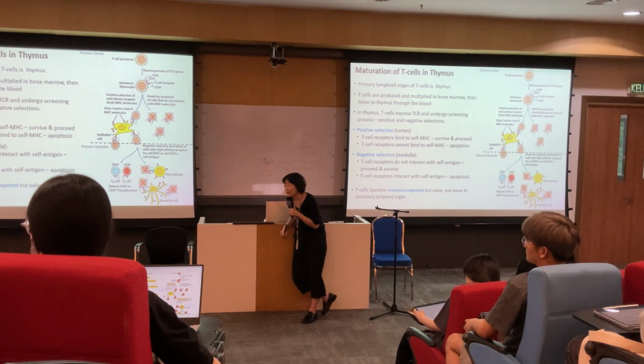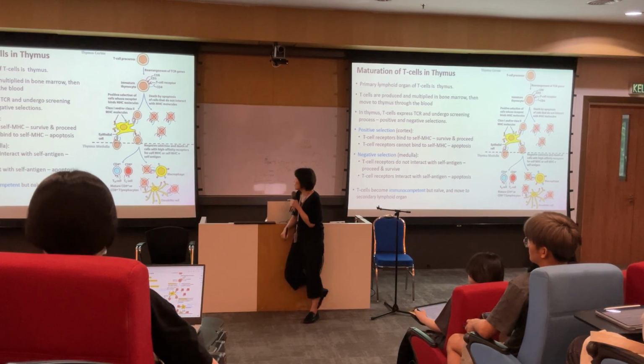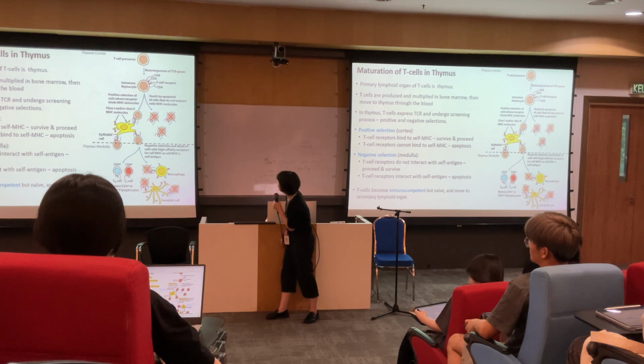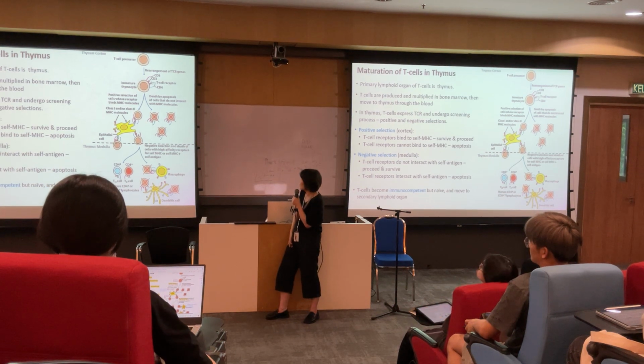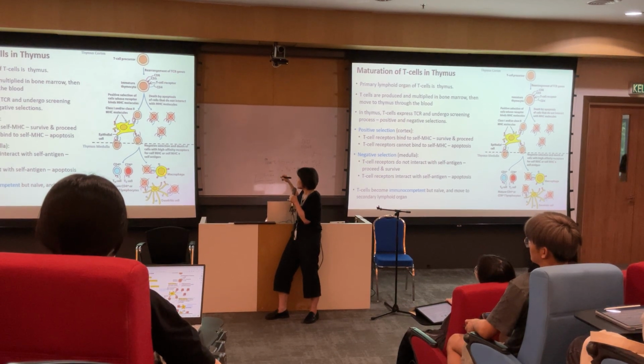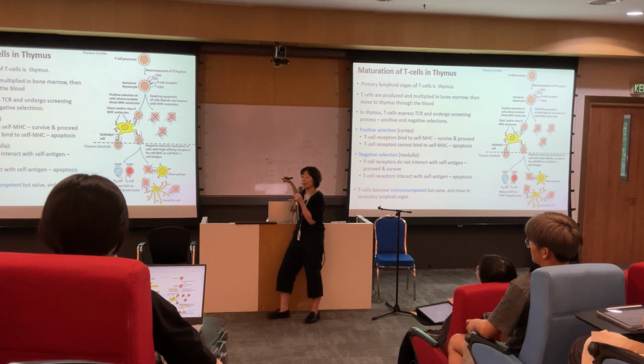So, already they have macrophages. Yes, in our body we have macrophages. Macrophages and dendritic cells are APCs, antigen presenting cells.